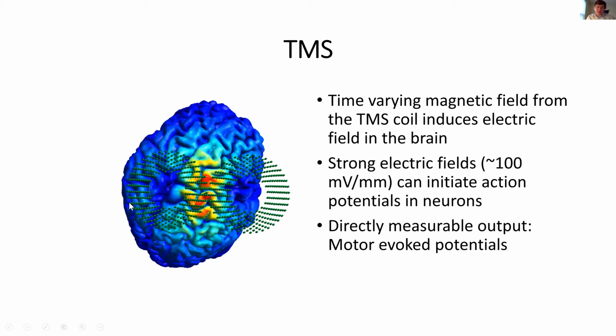And with TMS you can create quite high electric fields, somewhere in the range of say 100 volts per meter, that are strong enough to initiate action potentials in underlying neurons. And so you have a directly measurable output, something like a motor evoked potential. So if you stimulate the motor cortex, you can make your finger twitch, and that's something you can measure.